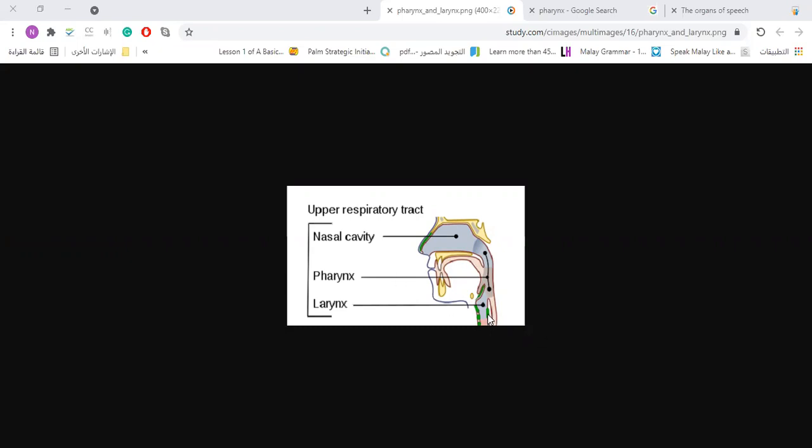And if you look here, this is what we call the Adam's apple, which exists obviously in men. You might ask another question: why are we learning these things? The answer is that you need to familiarize yourselves with the organs of speech, because if one day you're going to explain to someone else how speech is produced, as English language students, you need to have such information.